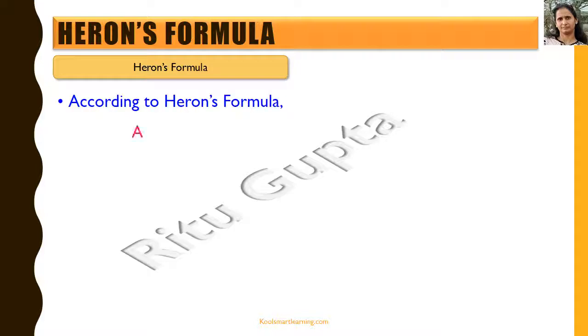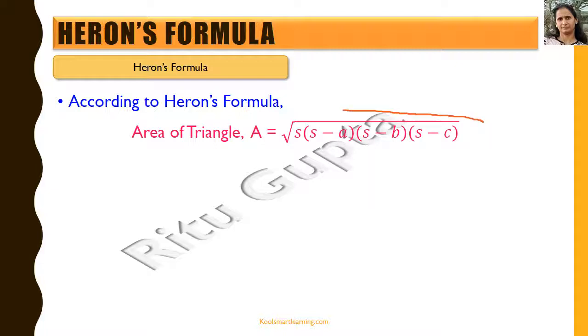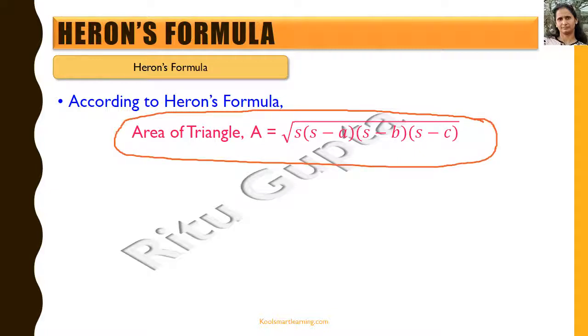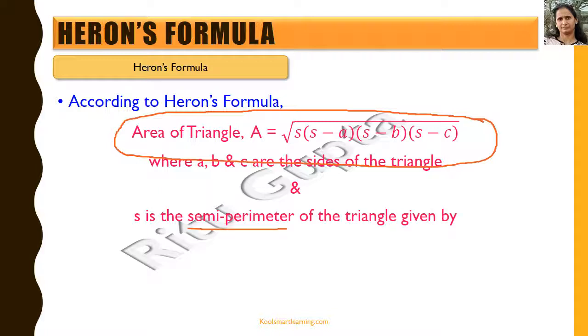Now according to Heron's formula, the area of the triangle is given by this formula: A is equal to square root of s into (s minus a) into (s minus b) into (s minus c). Now we need to know what s, a, b and c are. a, b and c are the three sides of the triangle and s is the semi-perimeter of the triangle, and it is given by (a plus b plus c) by 2.